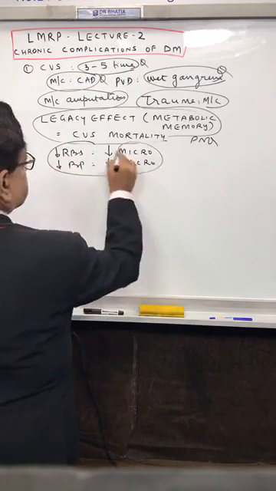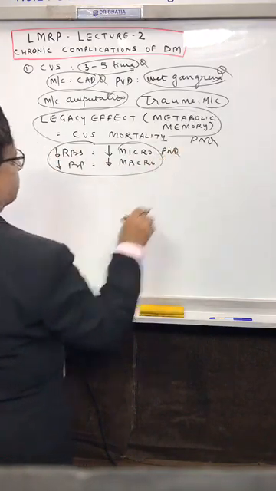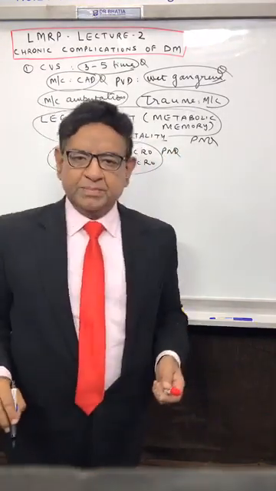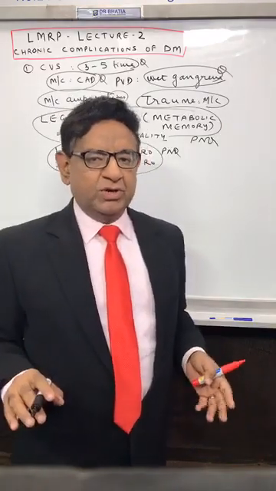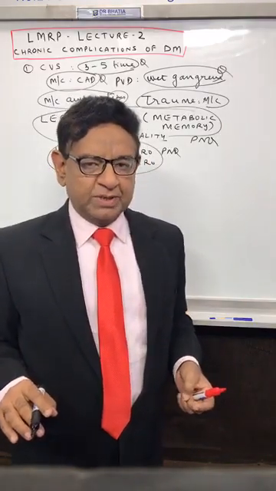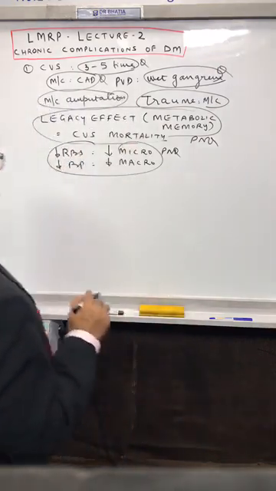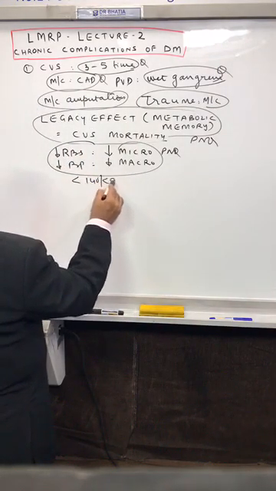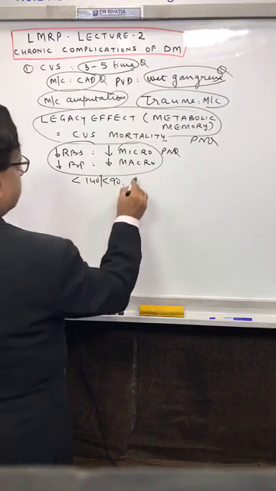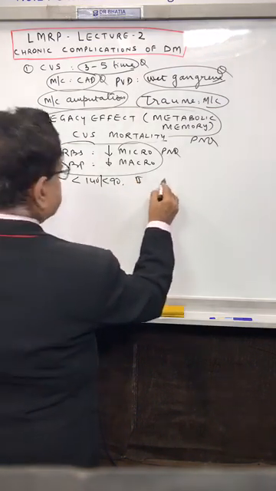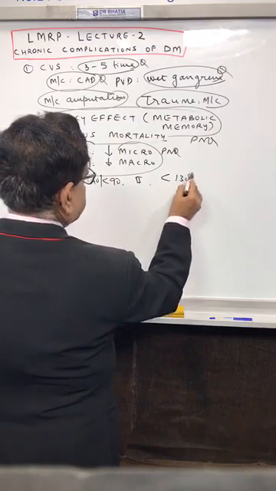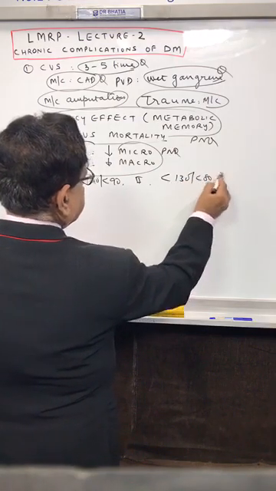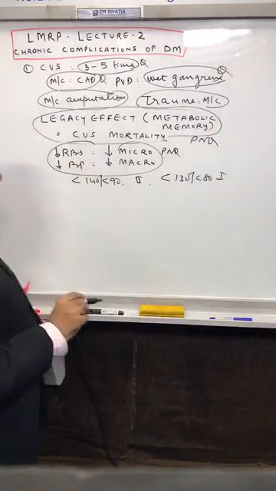This is the prospective new question. So in a patient with diabetes, not only sugar but BP should also be controlled. Now what is the target? The target is below 140 and below 90 in type 2 diabetes, but in type 1 diabetes it should be below 130 and below 80.